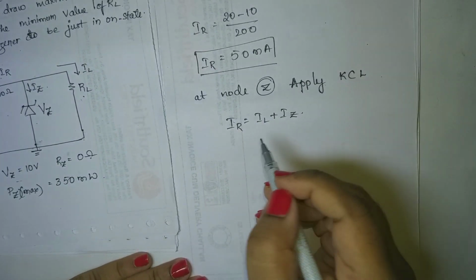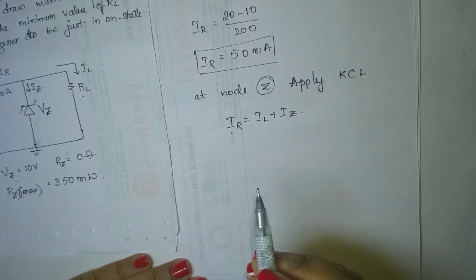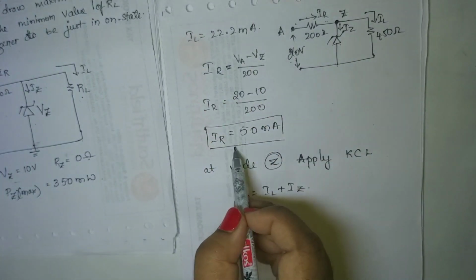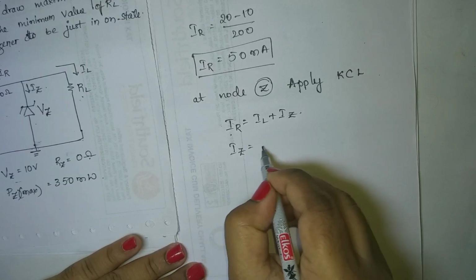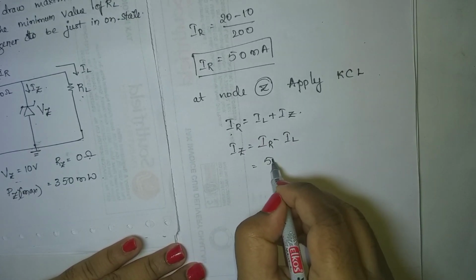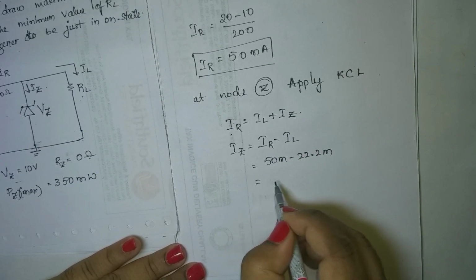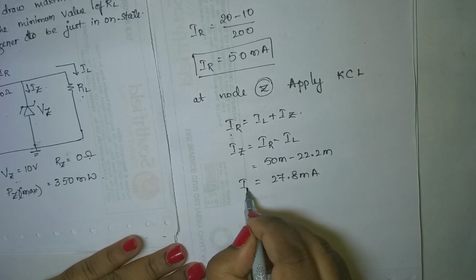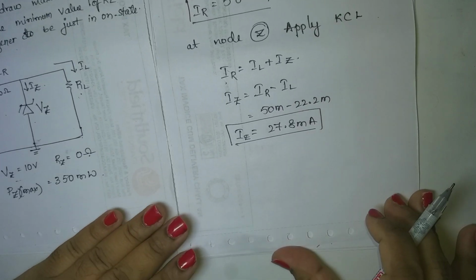Now in this I know two parameters, IR and IL. Therefore IZ is equal to IR minus IL. IR is 50 milli minus 22.2 milli, which is equal to 27.8 milliamps. So this is the value for the current.